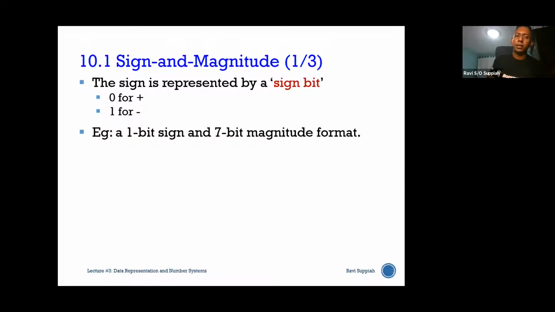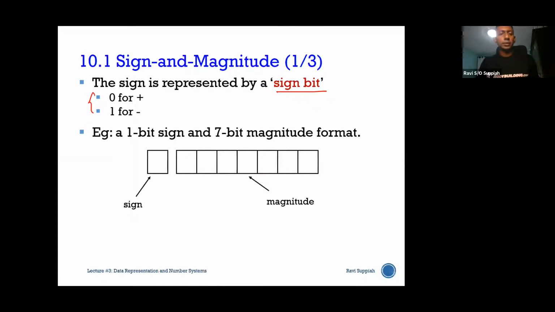In sign and magnitude, we set aside or reserve a single bit to represent the sign, and the rest of it is representing the actual value. So 1 bit is a sign bit, where 0 is positive and 1 is negative.